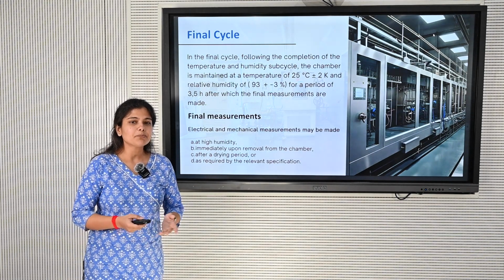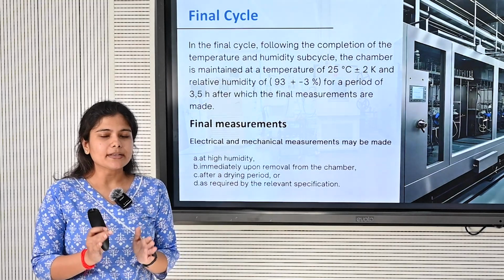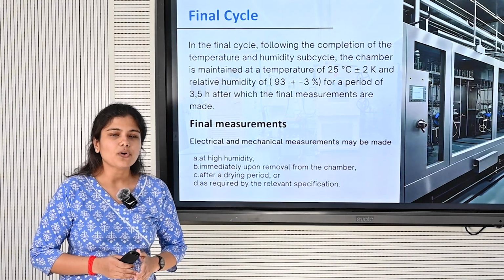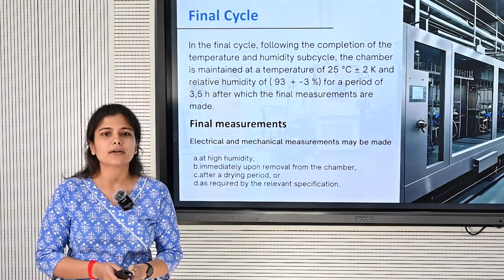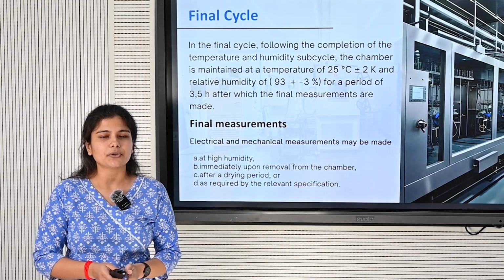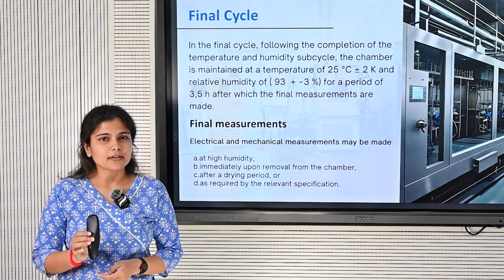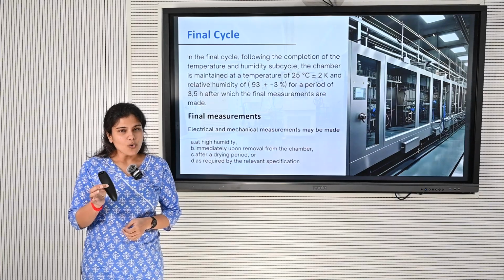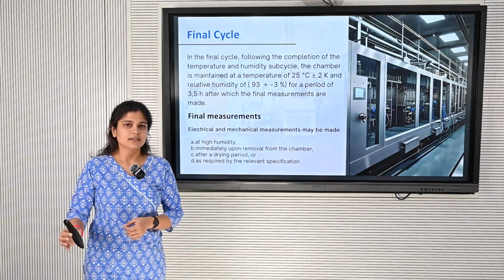It is written in part 3 of 60068. There are prescribed formats for documentation of these tests. You have to follow those, write those results in the particular format that is provided in part 3, and get to a conclusion whether the device that you have just tested is okay to perform under any environmental condition.